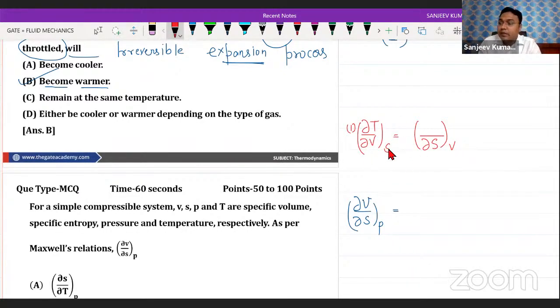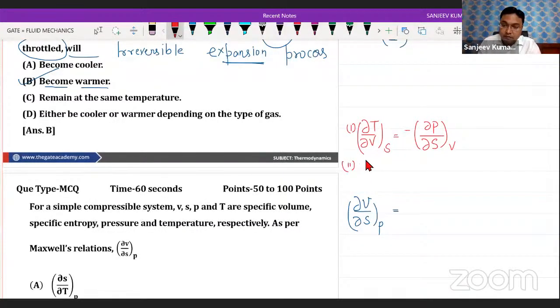And this Maxwell equation is a relation between only four parameters: pressure, temperature, volume, entropy. So what is missing here? Pressure. So you can see T V S, right? Now for this side, you have to interchange the position and write V. If T V is coming, that will be minus.